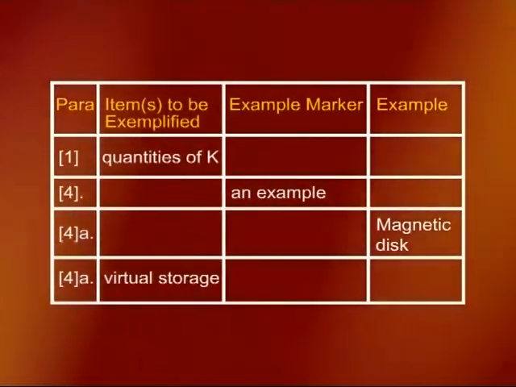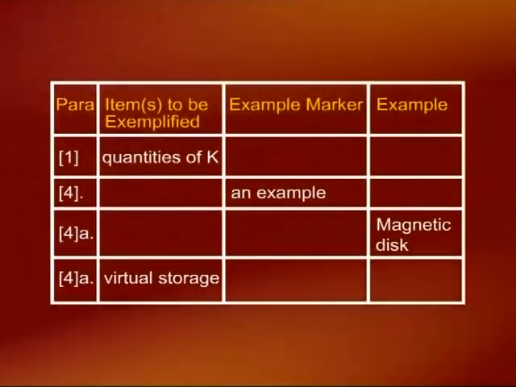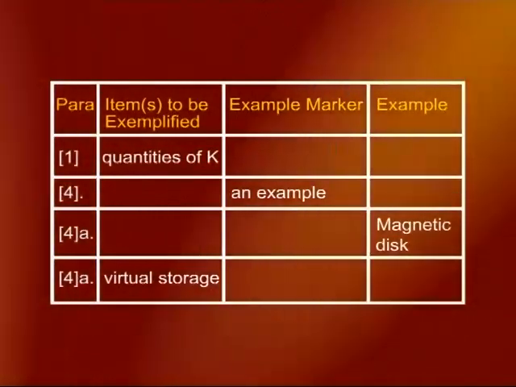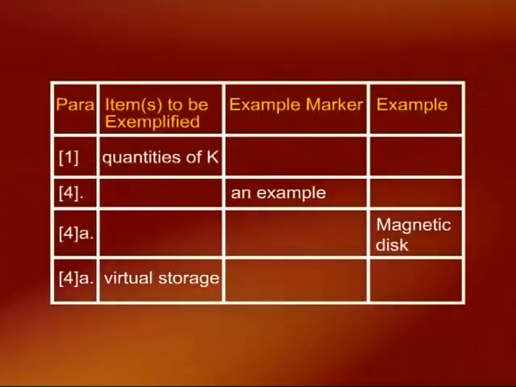All right? And in paragraph 4, still in the same paragraph, there is an item given to you, and the item is virtual storage. Look for the example marker and the actual example. Just look for the word example, for example. This time it is for example.